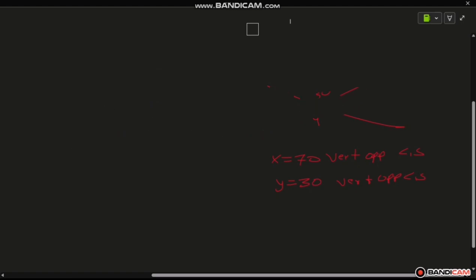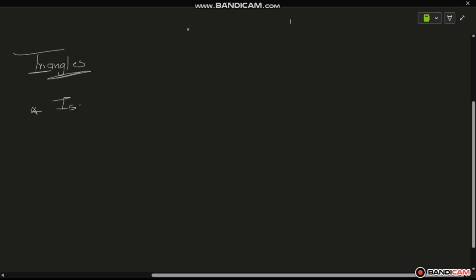Then another important thing is that we have triangles, or types of triangles. The word tri means three, so we're going to talk about three angles right here, but in terms of shapes. We have an isosceles triangle.